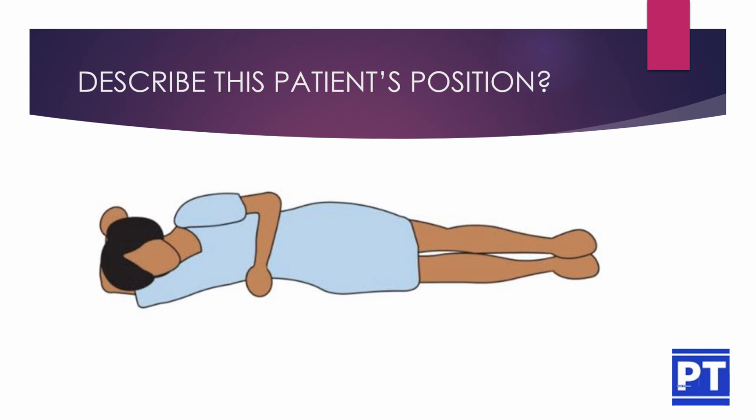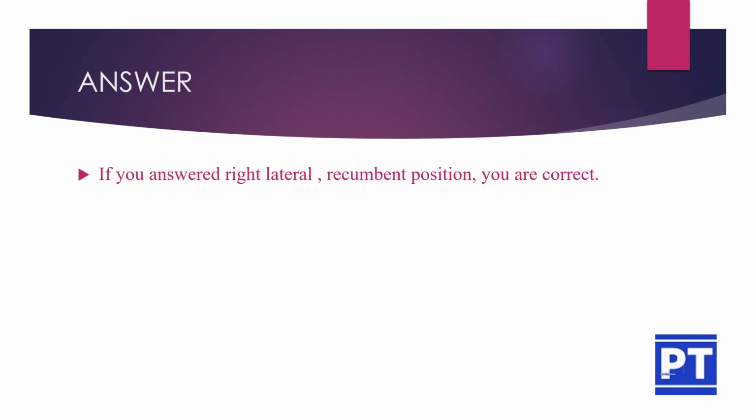And here, which side of the patient is in contact with the image receptor? The patient's right side is in contact with the image receptor. So if your answer is right lateral recumbent position, then you are correct.